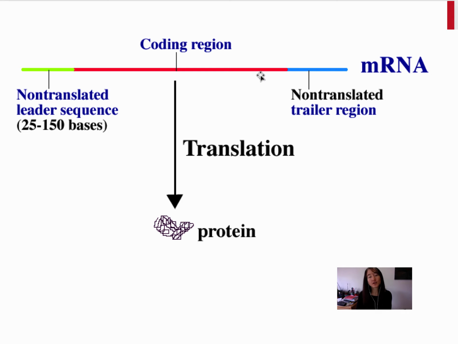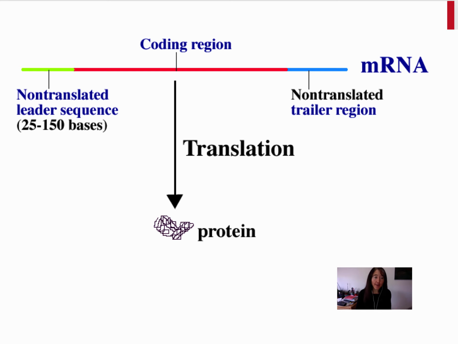It's like armor to the coding region. The non-translated leader sequence can protect as well, but it also enhances translation. So it provides a landing pad for the translation machinery. And specifically, we know in that region is going to be a site to which the ribosome is going to bind. So a ribosome binding site.